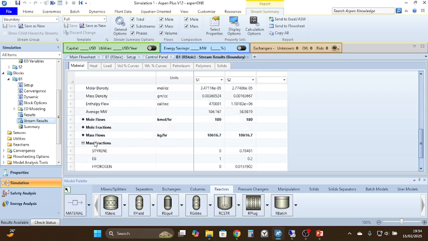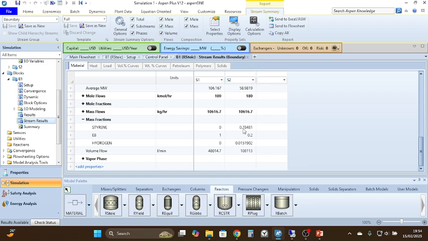In the mass fraction, you can see the styrene in the product, almost 80%, or 78% of styrene is formed, and 2% of hydrogen is formed.